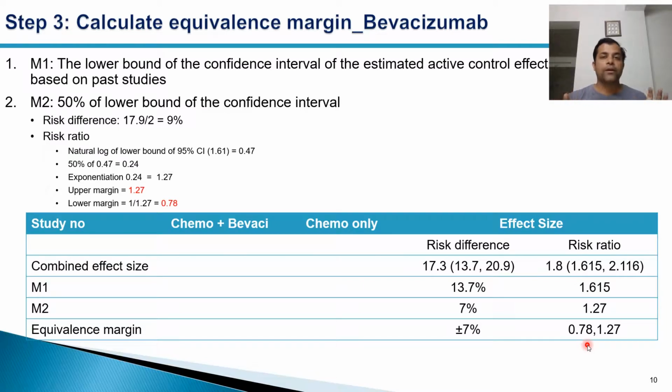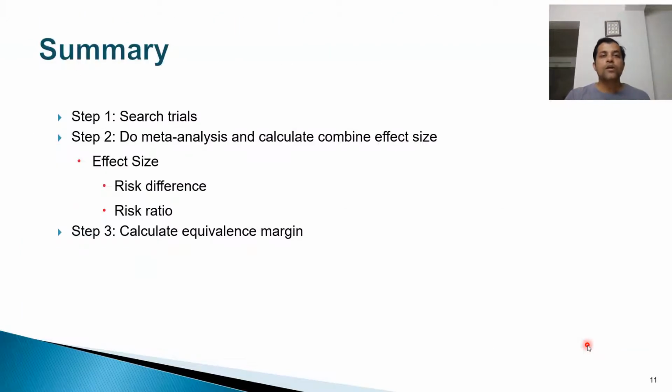That's why it is important that we understand what to do if we want to calculate the margin for either of these approaches. In summary, I would like to emphasize that the margin is a very critical component in a clinical trial, because it has an impact on sample size and also on whether the study passes or fails. So it should not be chosen arbitrarily.